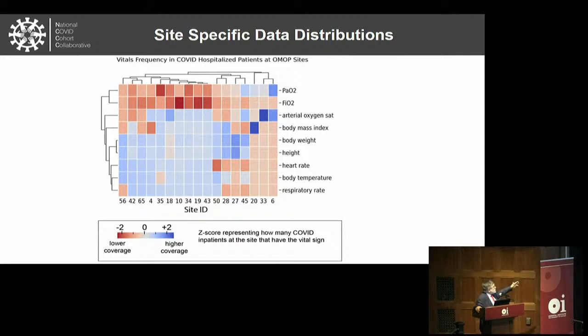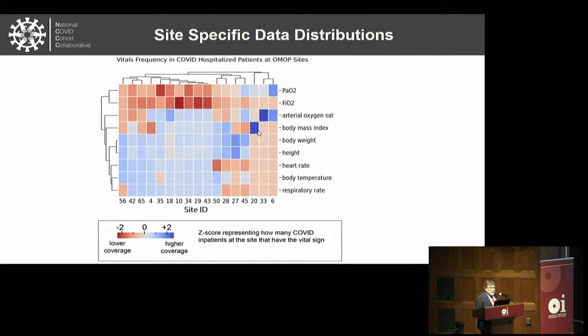But you can see that what we're showing here is a typical heat map kind of problem where, in this case, it's the missingness of the information, that one site has a relatively high rate of missing information for FiO2, but it's in good company because lots of sites in general tend to be missing information for FiO2.